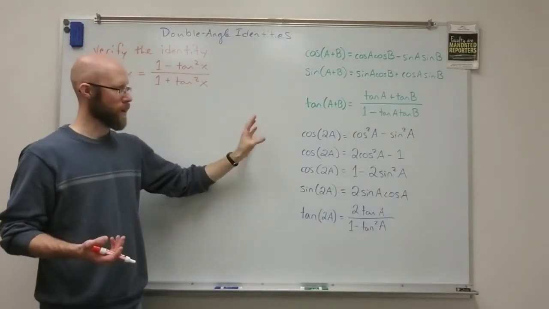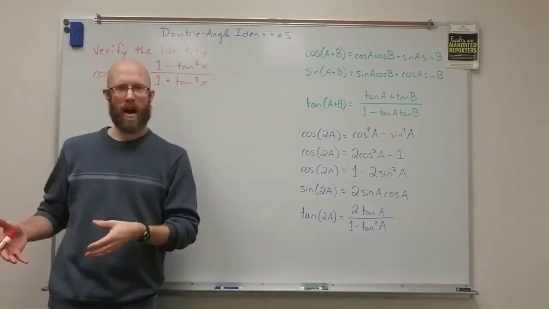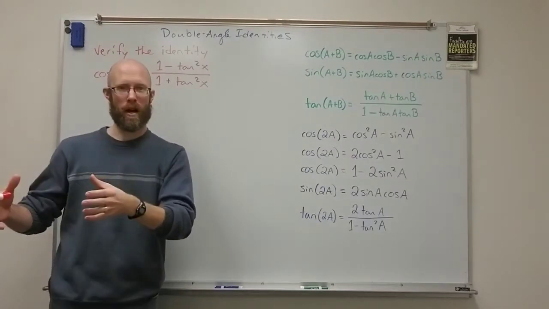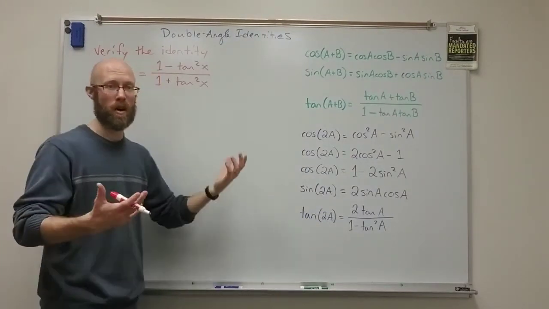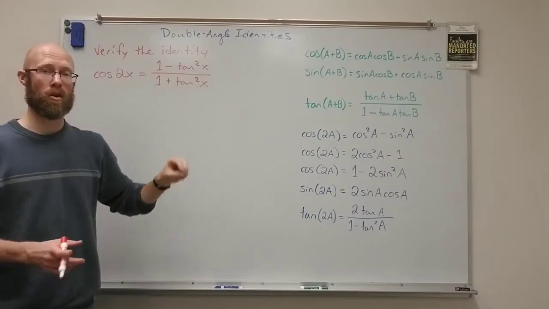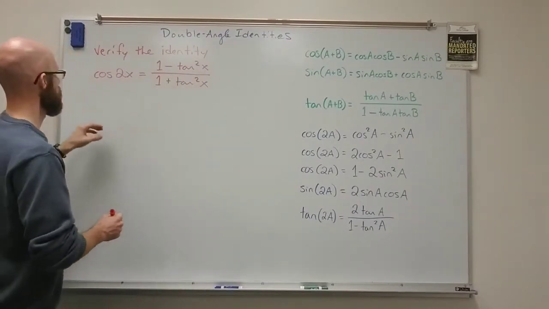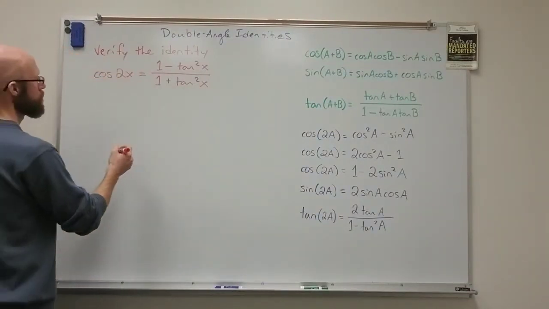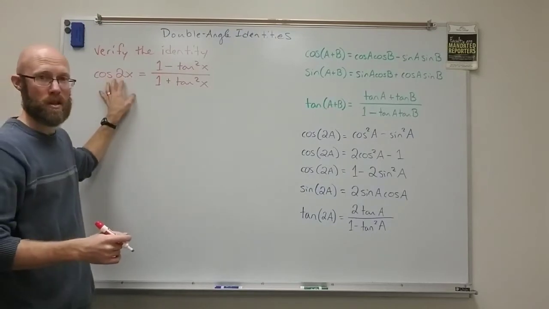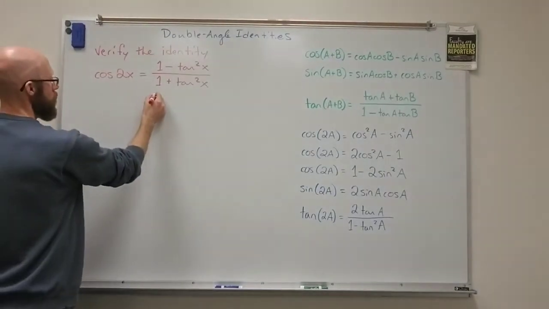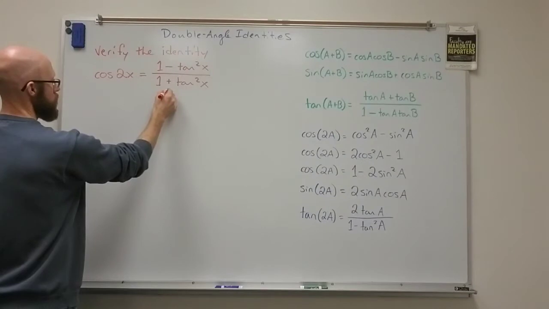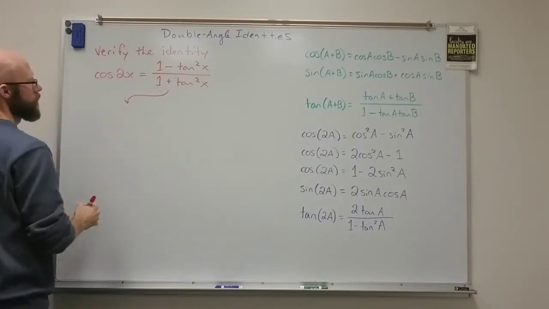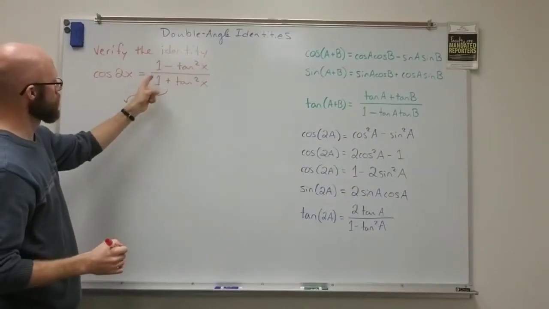So I think I may end up going down a wrong path by choosing the wrong option and having to do more work that way. So I'm going to start on the right side and work that through. I'm going to ignore what's on the left for a moment, even though I'm aiming for this as my goal.